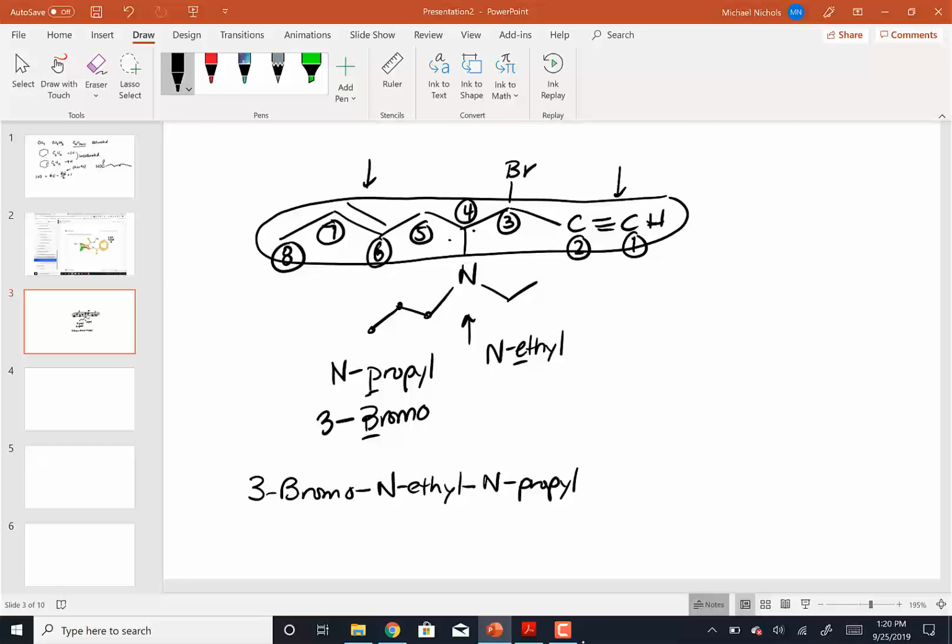So how do we structure the parent name? First of all, the first thing is total number of carbons, which is 8. So this is an oct. Then is it an alkane, alkene, or alkyne?